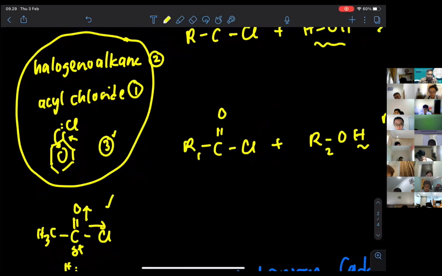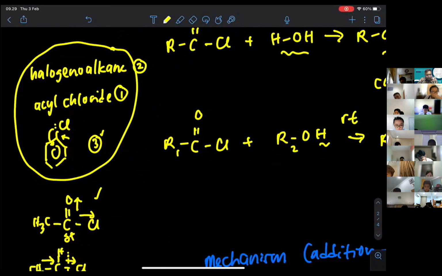If you want to compare the reactivity, or the ability for them to react, you can see acyl chloride will come first, followed by halogenoalkane, followed by chlorobenzene and so on. This is for nucleophilic attack.